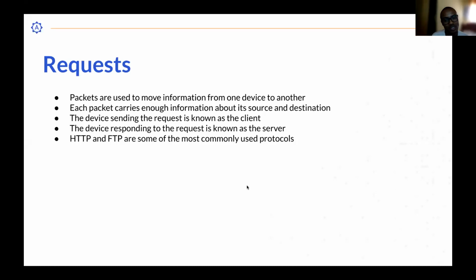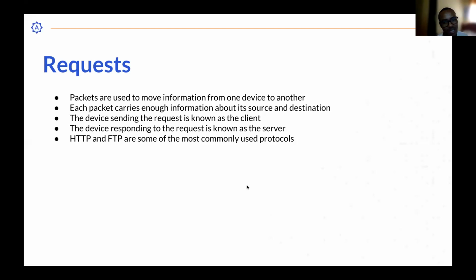Now, this is going to change if you are doing things like file transfer, because the browser may need to know how to reconstruct the packet once it reaches the destination. But if we're just talking about the usual exchange of data, we want packets to be independent.